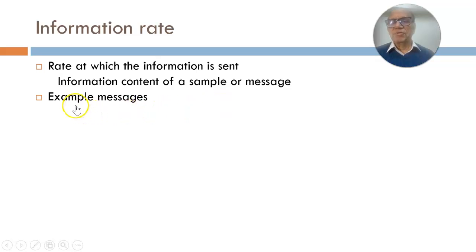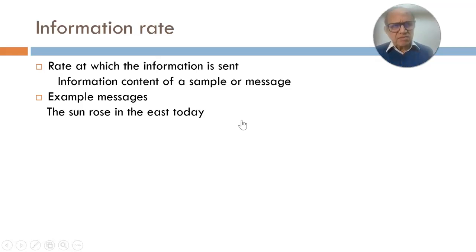Let me show you a couple of example messages. Suppose someone says that the sun rose in the east today, or that the sun will rise tomorrow. These kinds of statements hardly give you any information, because you are reasonably certain that the sun is going to rise the next day. Even if someone tells it to you, it doesn't tell you anything special.